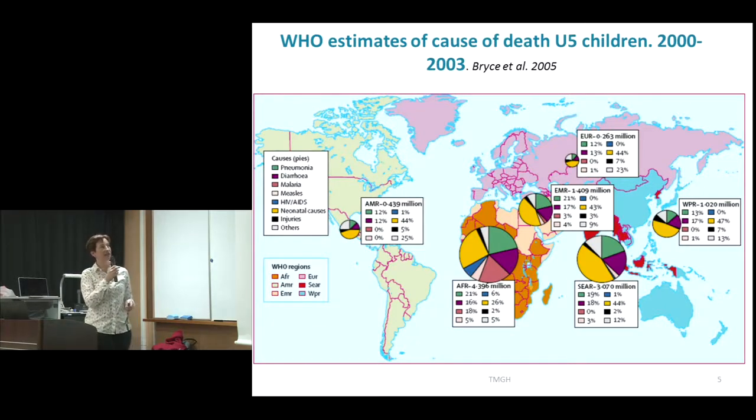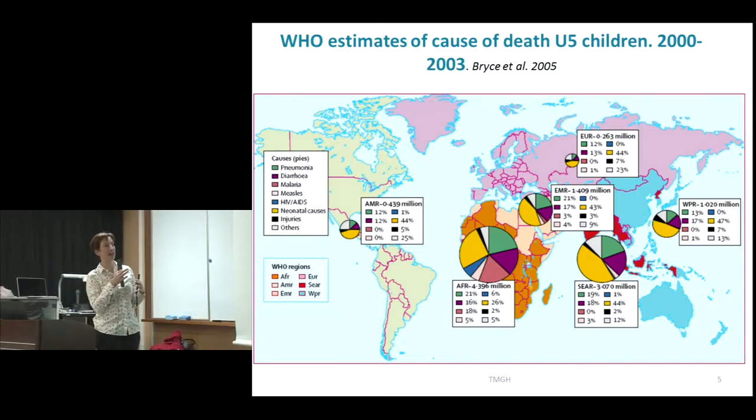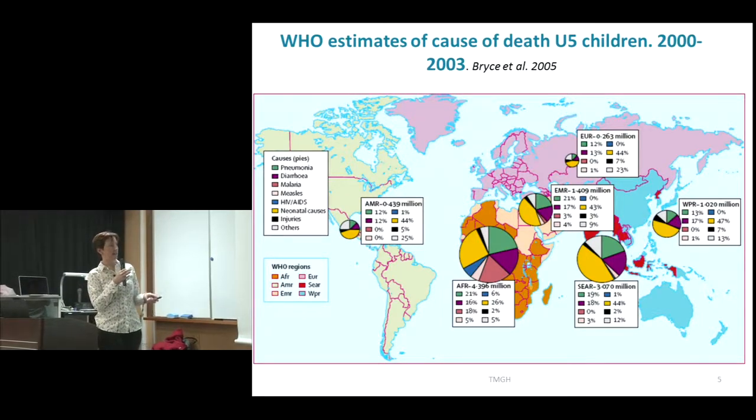So here we've got cause of death globally. This is analysis, I guess it's a little bit old now, but it hasn't changed much, unfortunately. Here the size of the circle is related to the total number of under 5 deaths. And then you've got the different colours.